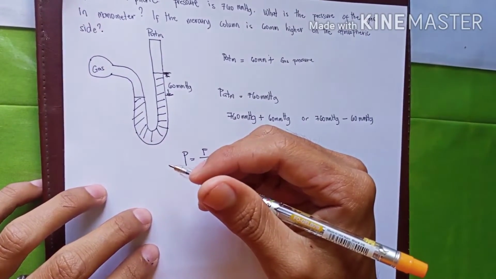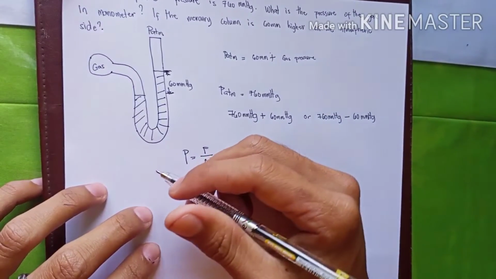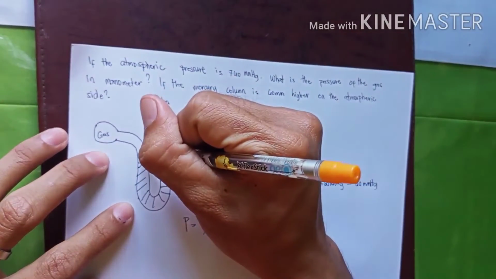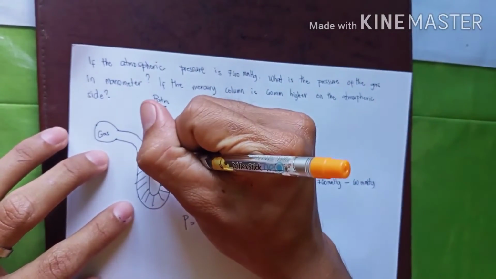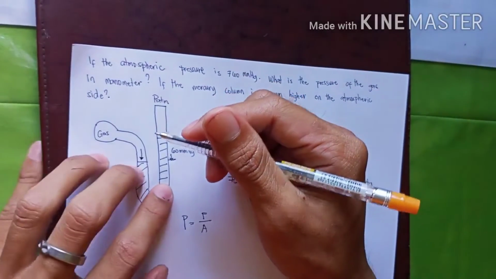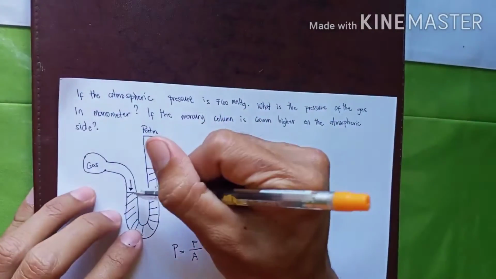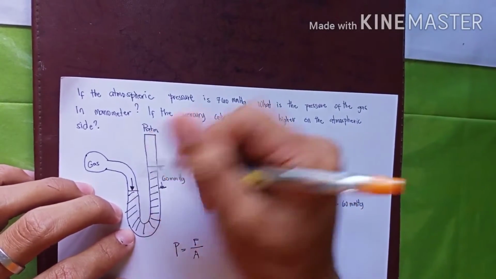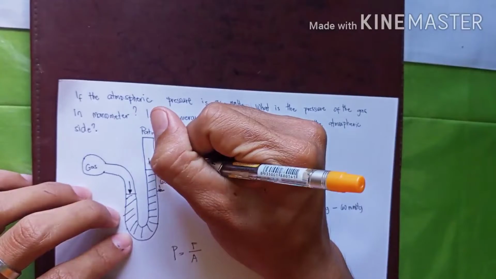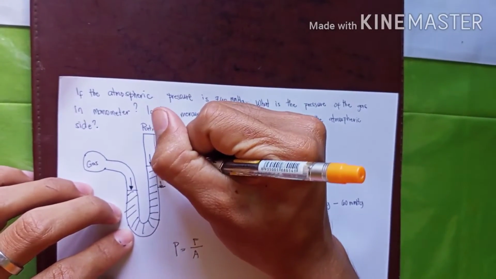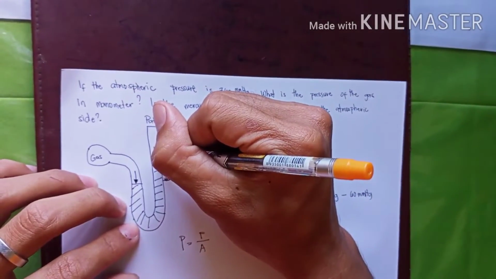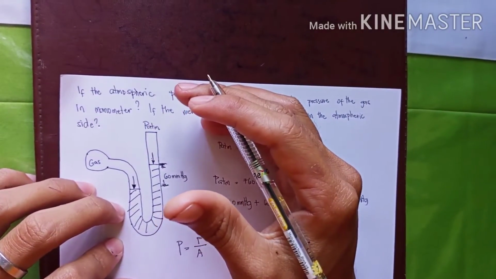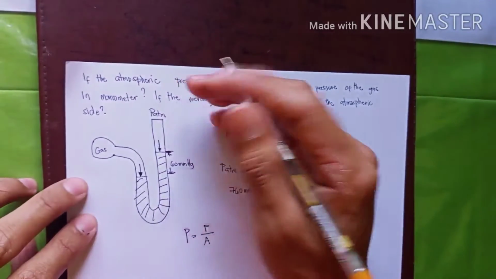The gas also exerts pressure on the fluid. So what's stronger? The gas pressure is pushing down on the mercury fluid, and the atmospheric pressure is also pushing down. Which one is pushing down more? You can tell based on the level of the fluid.